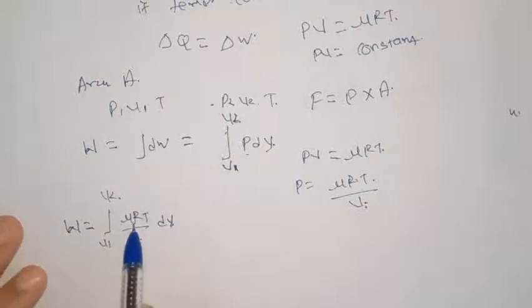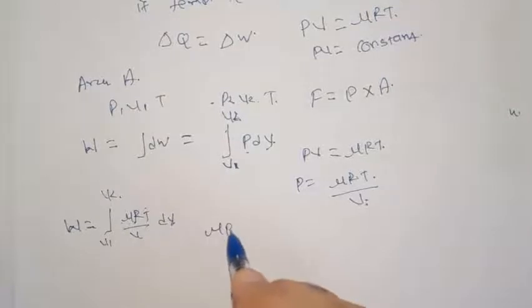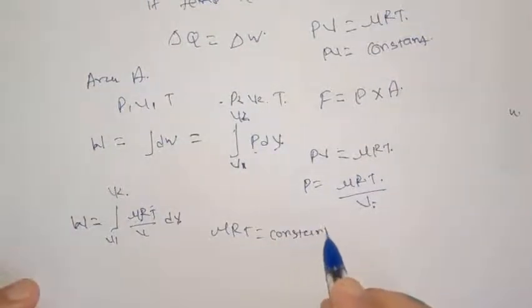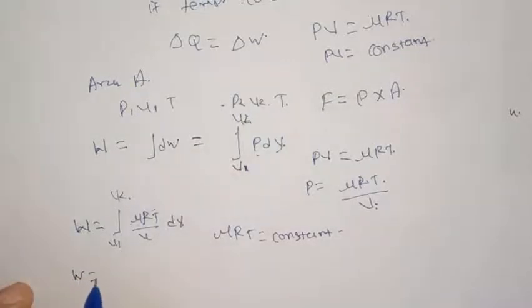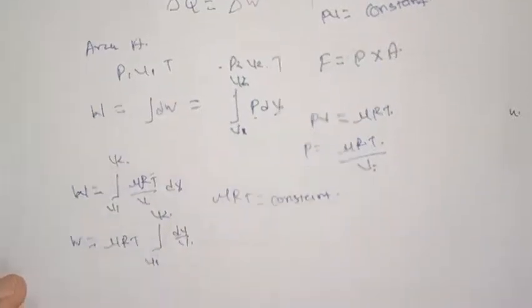Mu, the number of moles, and R, the universal gas constant, are constant. As this is the isothermal process, temperature is also constant. So μRT is constant. So we can write W is equal to μRT times the integration of dV by V, limits from V1 to V2.